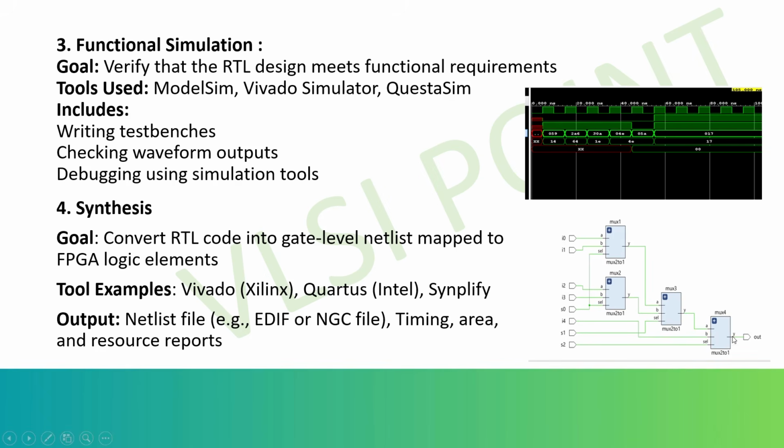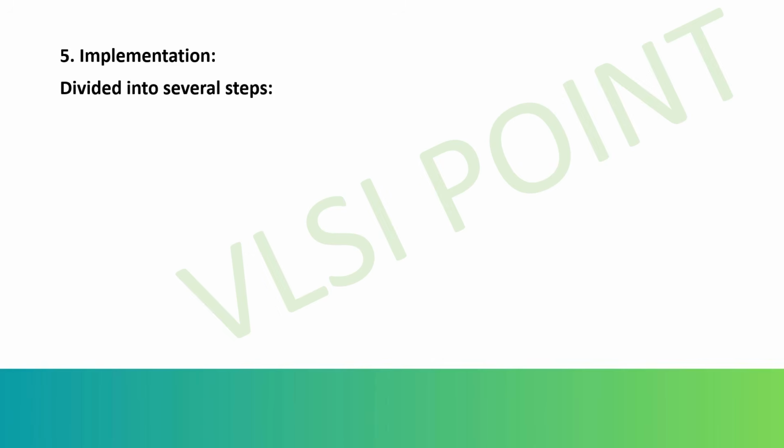As for synthesis, you can see here the diagram which you will get. Here you can check all the blocks and all the input output signals to verify the functionality of your code. Then in implementation, first you have to translate, then map, place, and route. Translate means combine design and constraints.